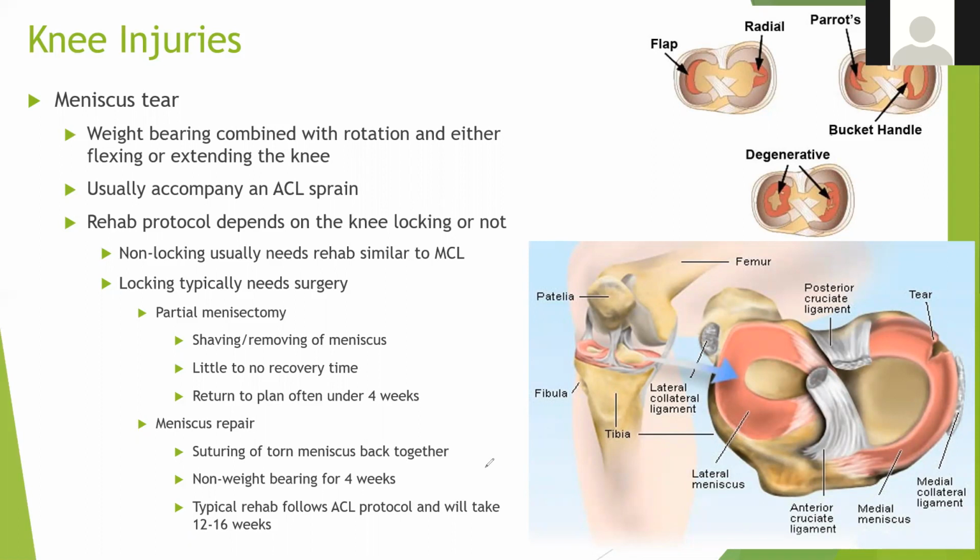Avascular means that it has a very low blood supply. So if you tore a piece of cartilage, it typically doesn't heal on its own. Less than 4% of all meniscus injuries are going to spontaneously heal, meaning heal without surgery. You typically don't want to get surgery on a meniscus until it causes symptoms.